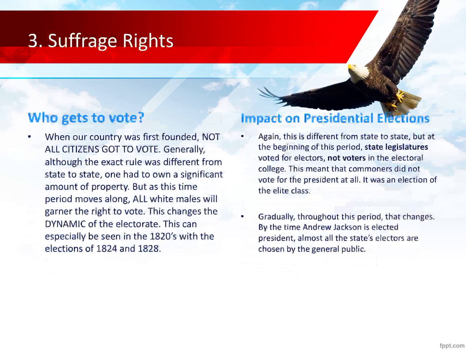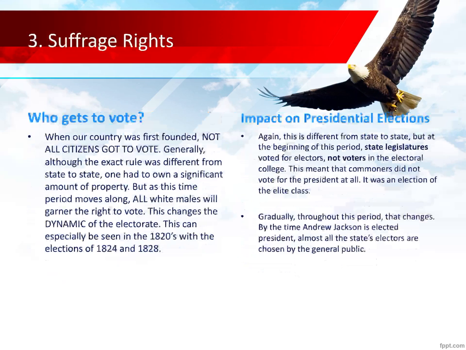It also depended on the state, because each state determined that. Simply put, not everybody, not even every white male got the vote. You had to own a lot of property. So only rich people got the vote at the beginning.